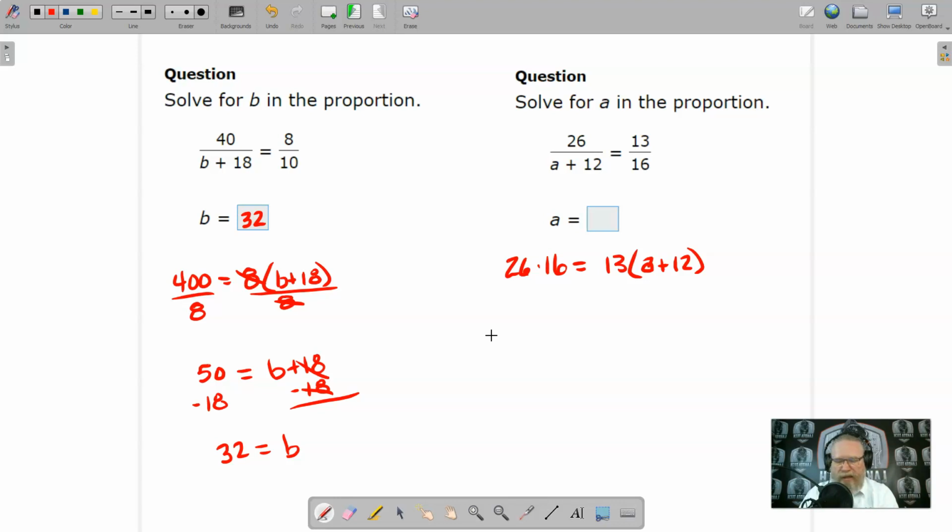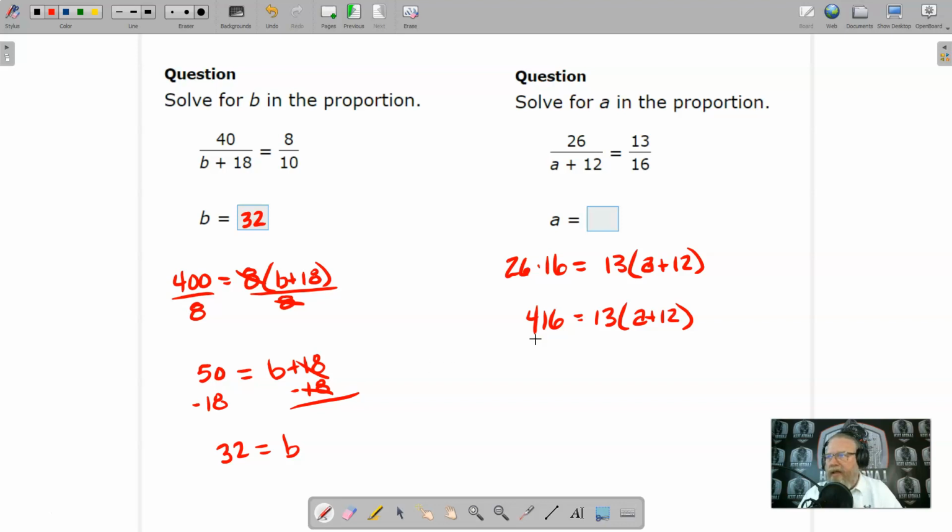26 by 16. So the product of our extremes is 416. We're going to set that equal to 13, bring down that A plus 12. Now, I'm going to guess 416 will divide by 13. I'm pretty sure it will divide by 13.